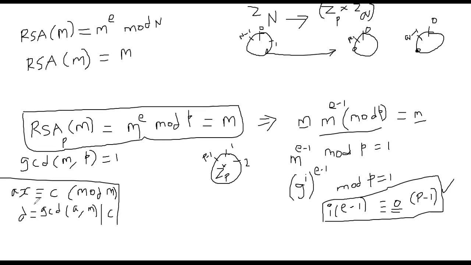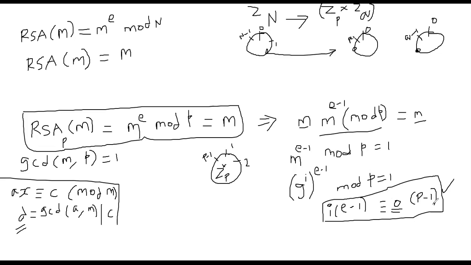And we also learned that the number of solutions for such a congruence is D. D is nothing but GCD of A and M. So what is A? A in this case is E minus 1, and M in this case is P minus 1. So the number of solutions for this equation, the unknown here is I, right? We know E minus 1 easily. And we also know P minus 1.